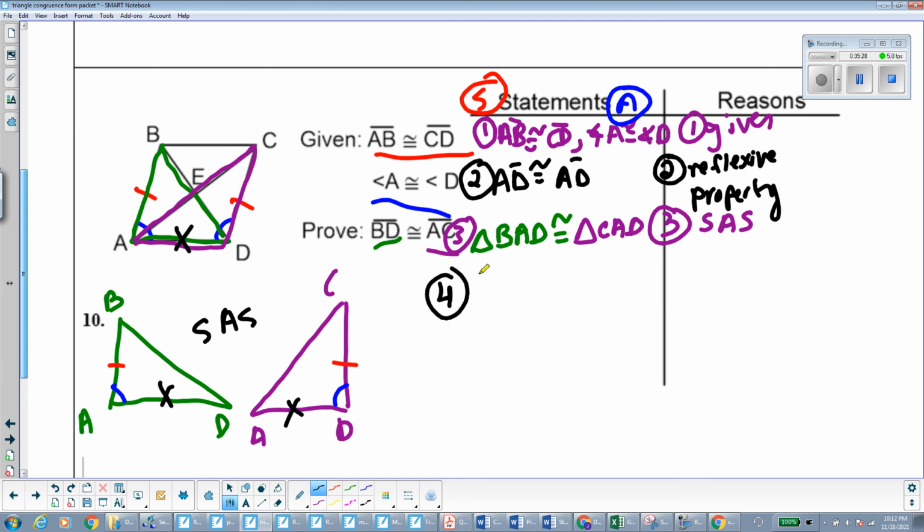And then we can definitely say that BD is congruent to AC by CPCTC. Remember, after we prove triangles congruent, the corresponding sides or angles are also automatically congruent by CPCTC.